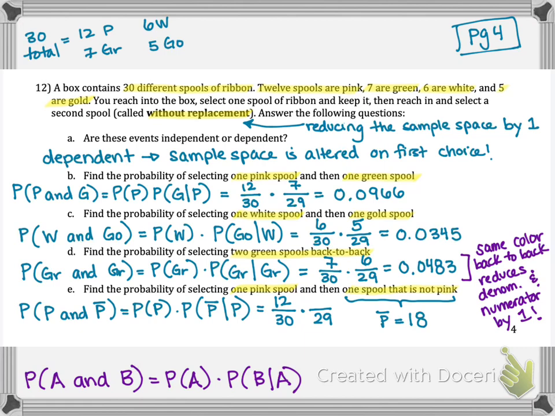But if I take and keep one that is pink, that does not impact the number that are not pink. So there are still 18 spools that are either green or white or gold left inside the box. And when I multiply these two and round to 4 decimal places, I get 0.2483.